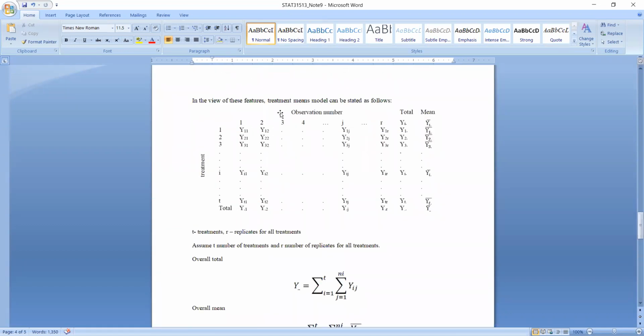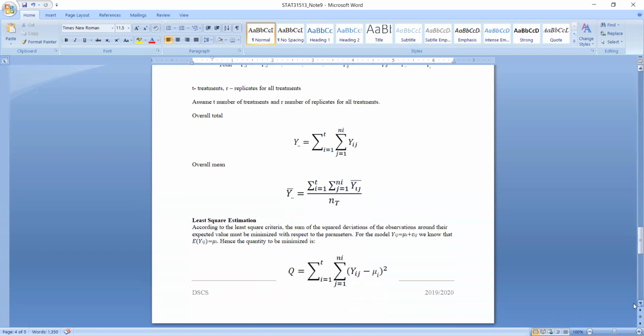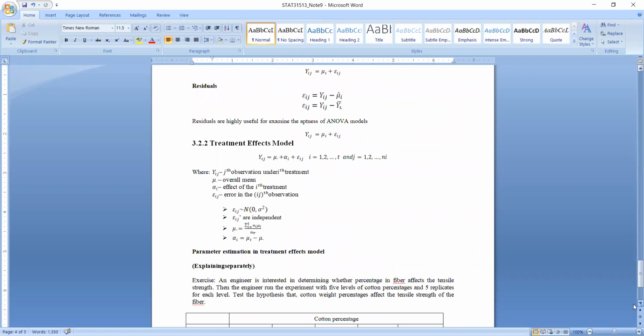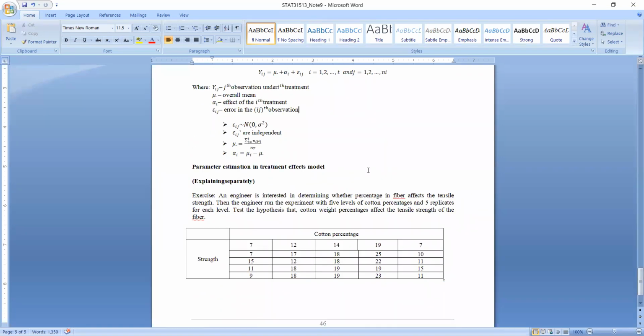You have to identify what your treatment is and what the replicates are, and you have to find the row total, mean total, and also the grand total. Then it will be easy for us to do the calculations. So when you are coming for the Tuesday session, you have to do that calculation and come. Do you have any questions up to that point?